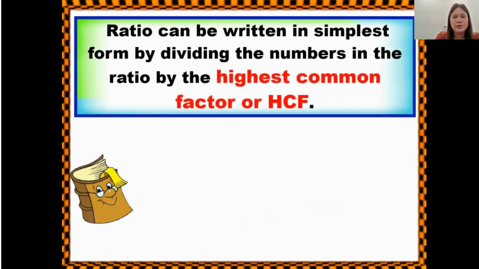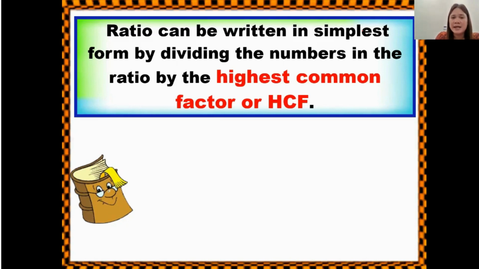So how are we going to simplify or write ratio in simplest form? Ratio can be written in simplest form by dividing the numbers in the ratio by the highest common factor, or we call it HCF. Remember, in the recap, we reviewed how to write fractions in simplest form. And the same method we will be using.